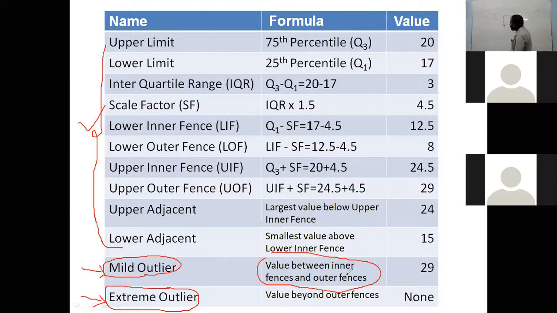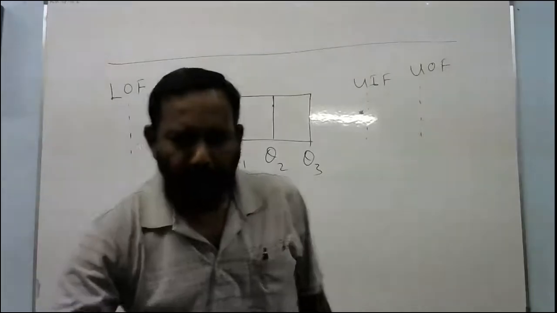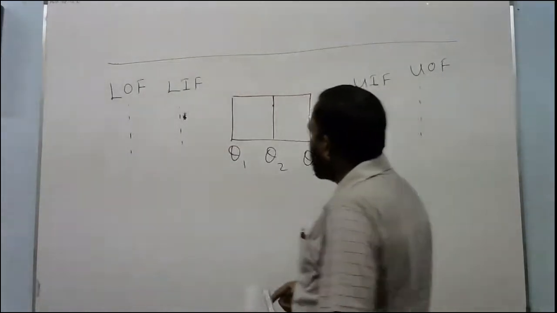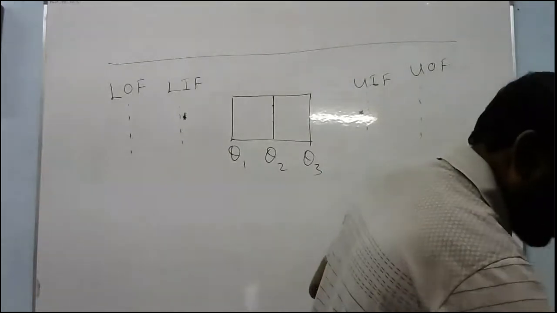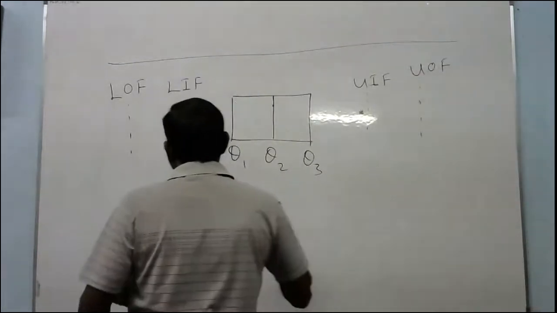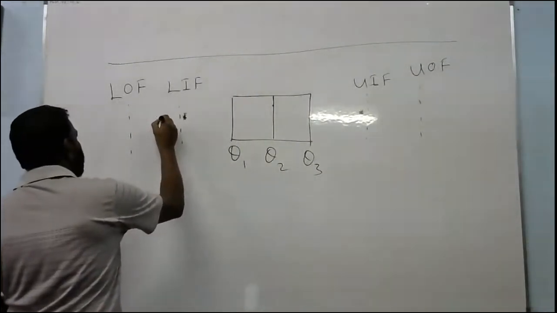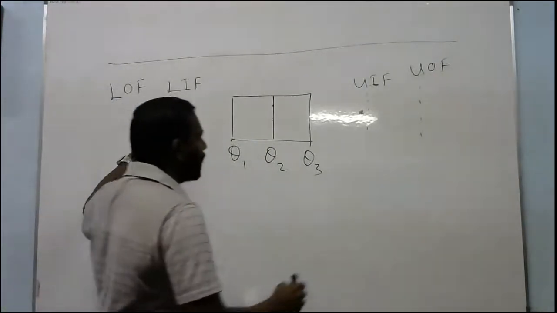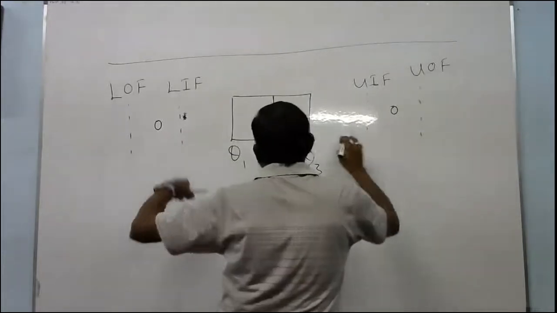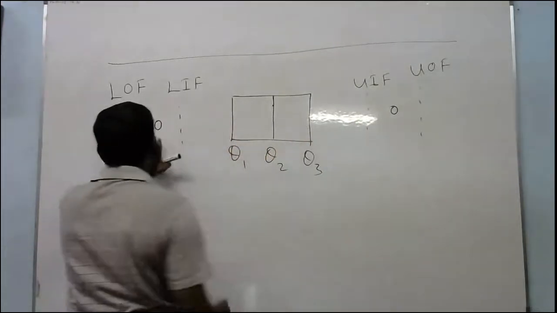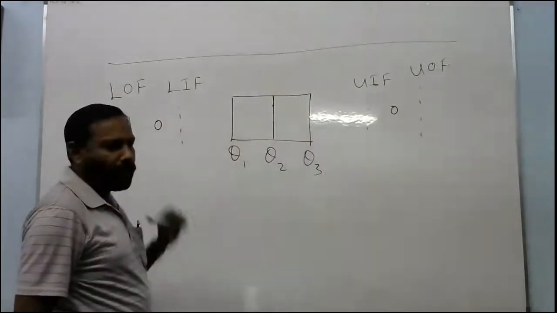So if there is any value between the inner fence and the outer fence, you could see here, if there is a mild outlier, I can indicate it as such. This is how I indicate the mild outlier.